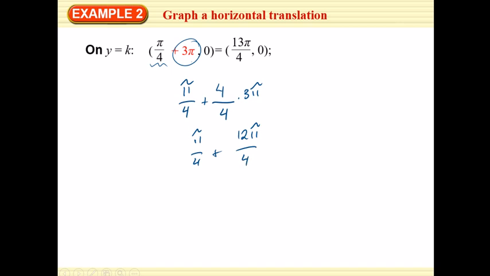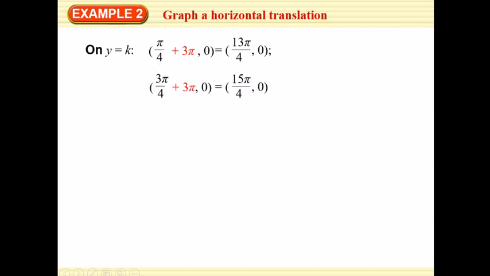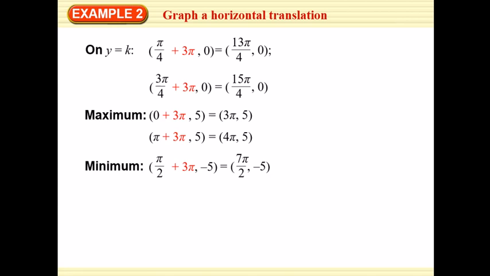So that's where the 13 pi over 4 comes from. And so then I do the same there for my next critical point, and then I compute a maximum, and another maximum, and then my minimum.